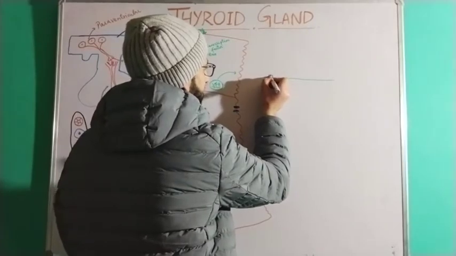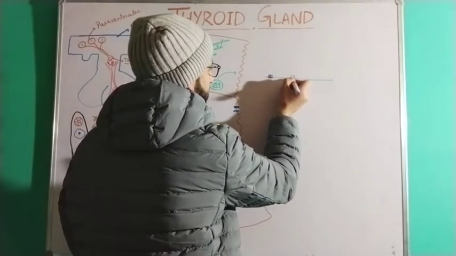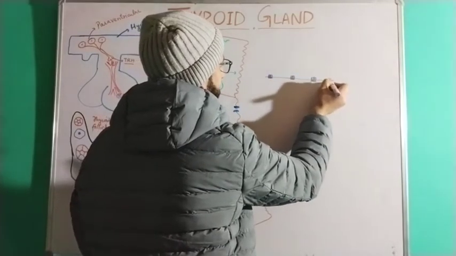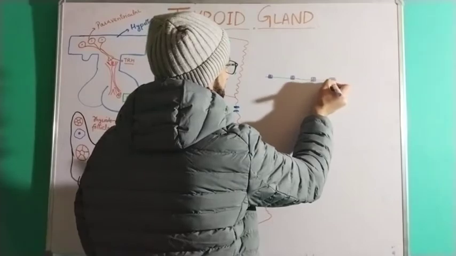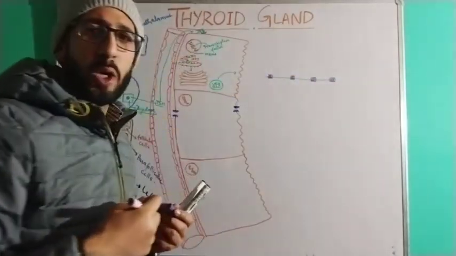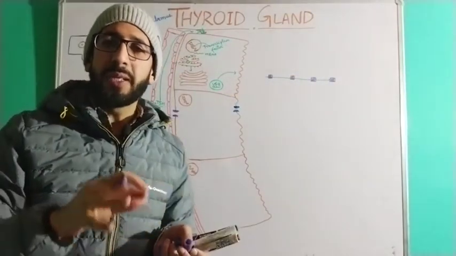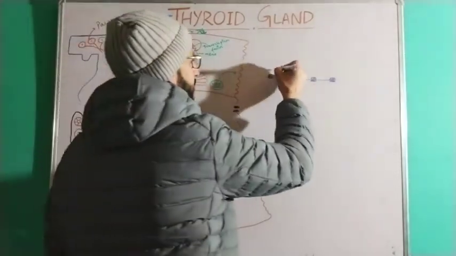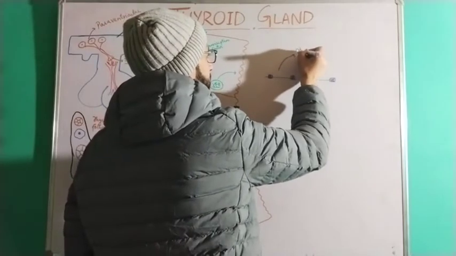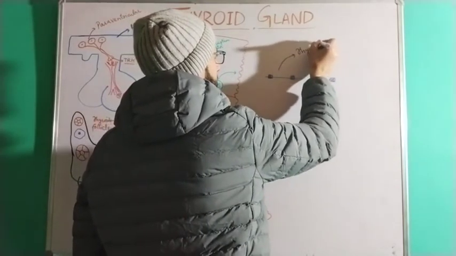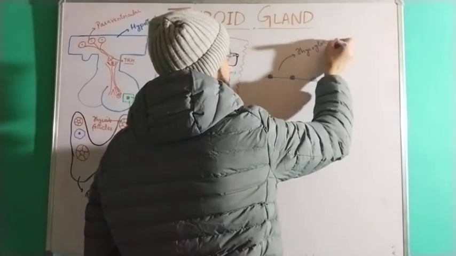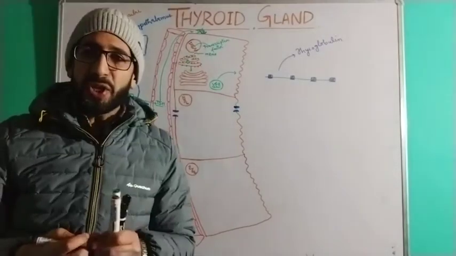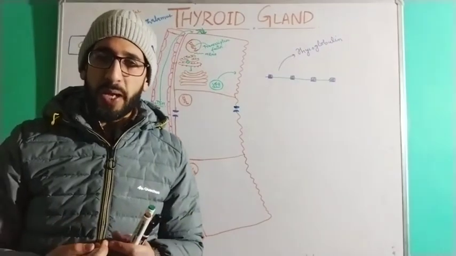Here is one tyrosine, here is another tyrosine, here is another tyrosine, and here is another tyrosine. There will be other amino acids also, but we have to focus on the amino acid called tyrosine. So we have synthesized this protein here, which is called thyroglobulin. Okay, now we are done with the formation of thyroglobulin.